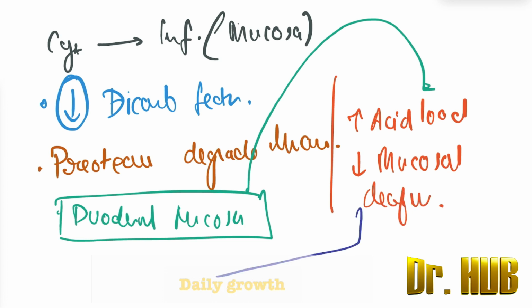All this leads to the ulcer. So this was about the duodenal ulcer. We saw that it can lead to an increase in acid load or decrease in mucosal defenses, and ultimately to an ulcer. We also saw various factors which affect the duodenal mucosa.